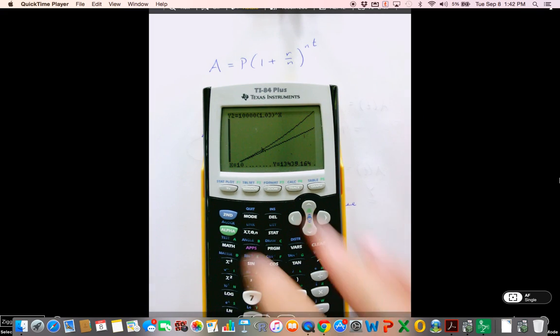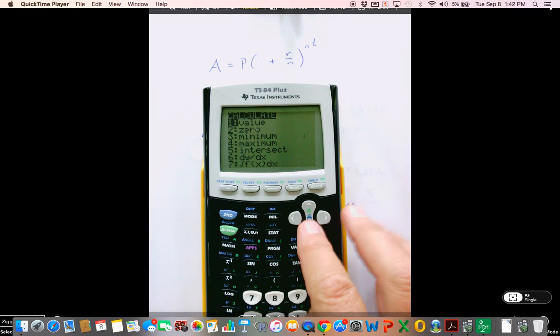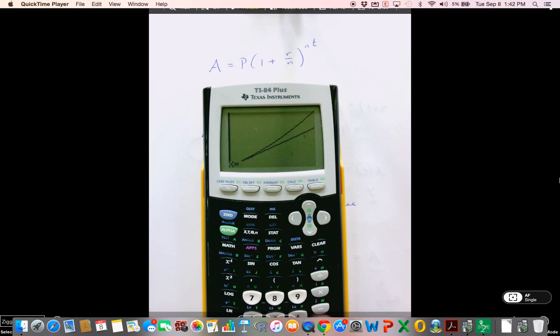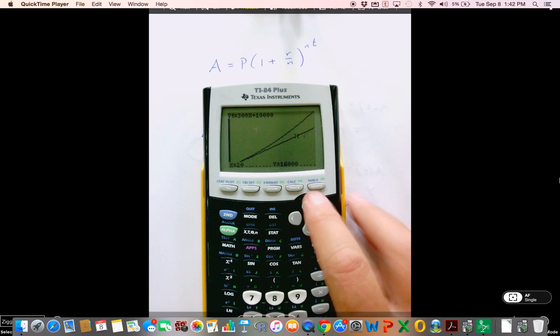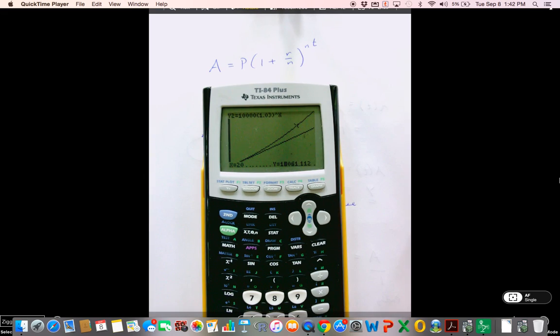It even gets a little bit better as I get on out. Let's go on out to say 20 years. 20 years, if I had simple interest, I'd get 16,000. Hit my up arrow. I see that I get 18,061, almost $2,100 more money by using the compounded interest.